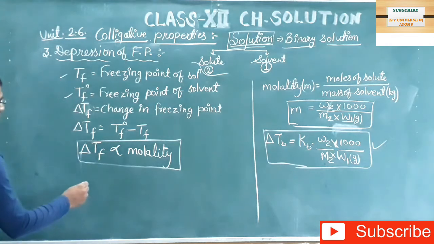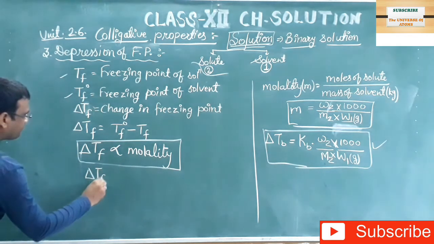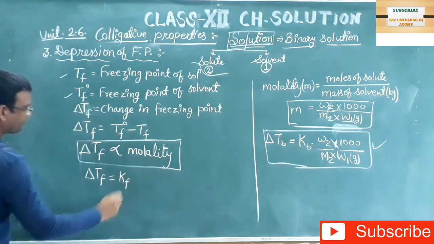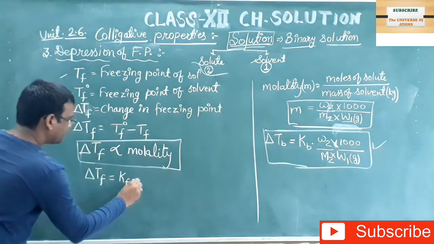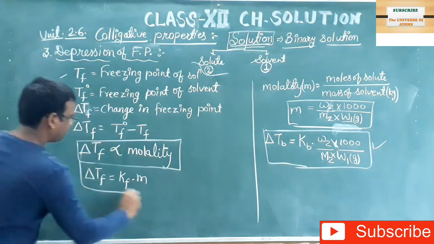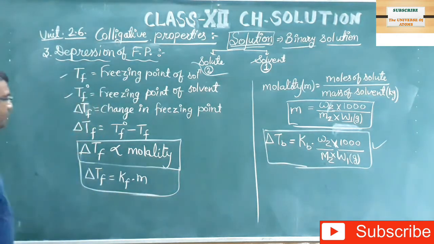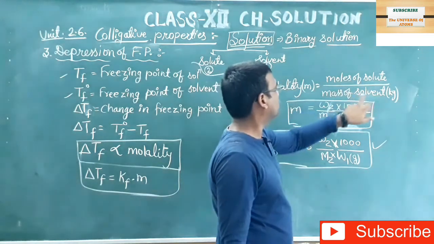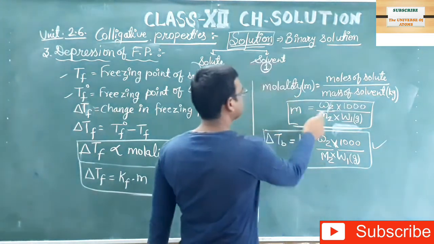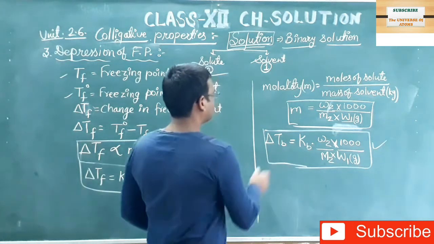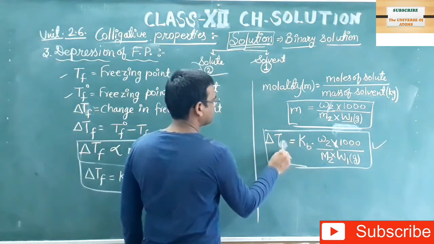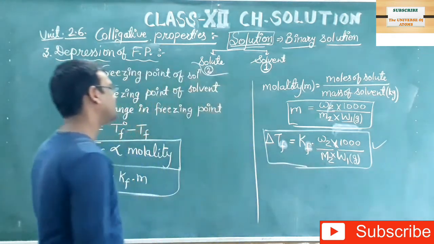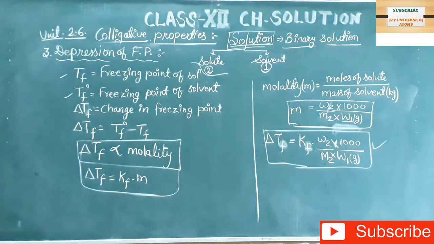All the things are same, just you remove the proportionality constant, then you get one constant, that is Kf, F for freezing, and then molality, for which we use the symbol m. Molality m is equal to moles of solute upon mass of solvent in kilogram. In place of B you just change F, then this formula becomes for depression of freezing point.